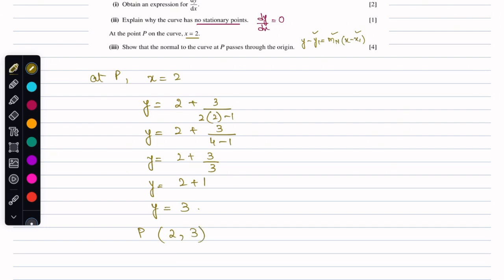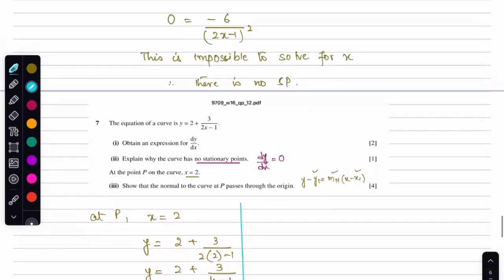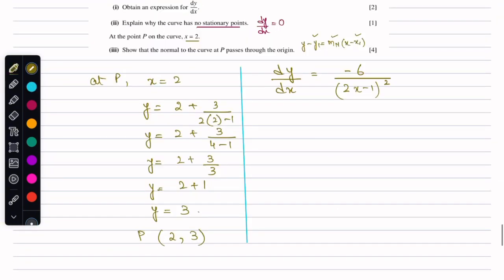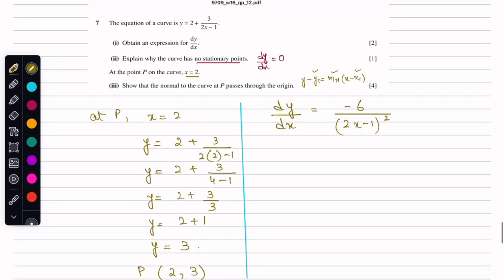To get the normal equation, I will now use the first differential equation. To get the gradient of the normal, I will use the gradient equation, which was negative 6 over (2x minus 1) the whole squared.